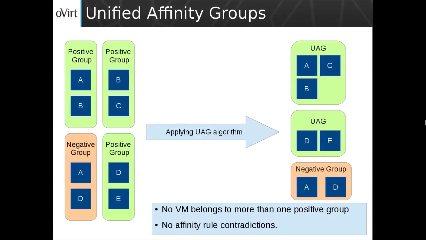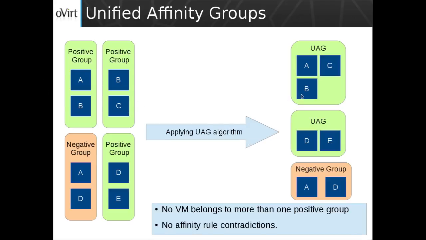So now I'm going to explain to you how the unified affinity groups algorithm helps us find the next VM to migrate. What we do is use the unified affinity groups algorithm. As you can see here, you've got 3 positive affinity groups. One consists of A and B, another one of B and C, and another one of D and E. And we also have a negative group which consists of A and D. So in this case, there are no contradictions.